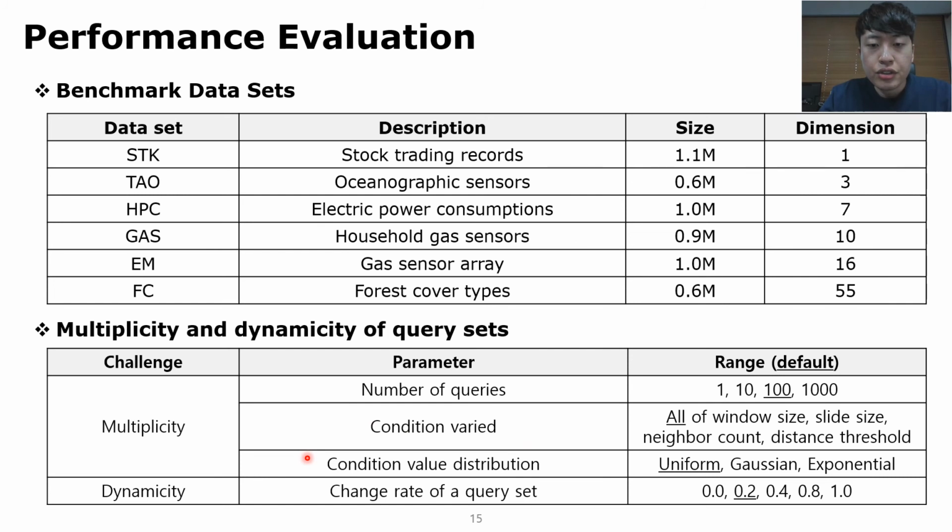The condition value distribution, for example the number of neighbors threshold, can vary over different queries, and they follow different types of distributions. The change rate of the query set also varies from 0%, which does not change, to 100%, which changes entirely.